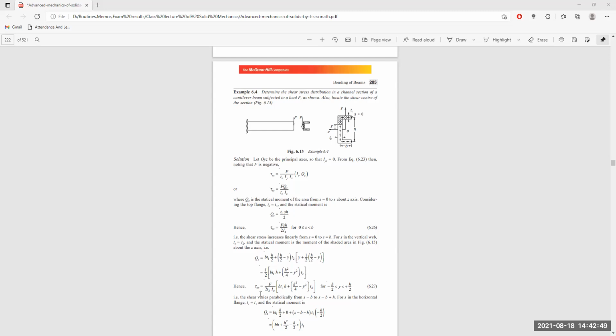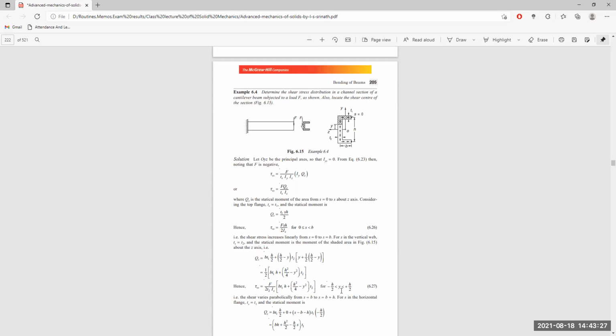Thus, tau xs is equal to F by 2 I T2 into b T1 into h, plus h squared by 4 minus y squared into T2.